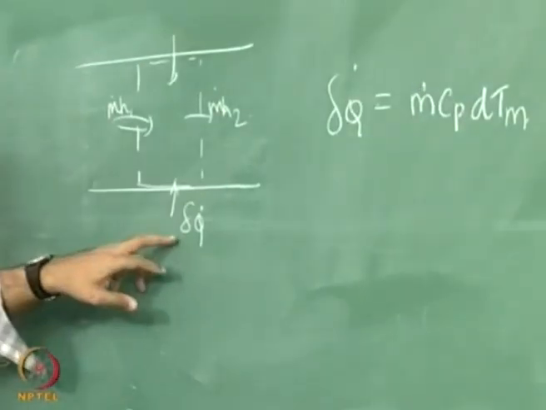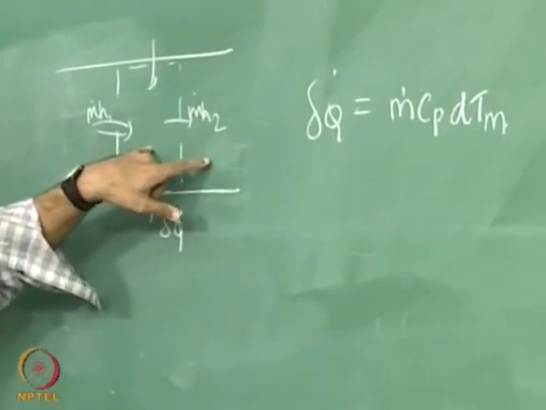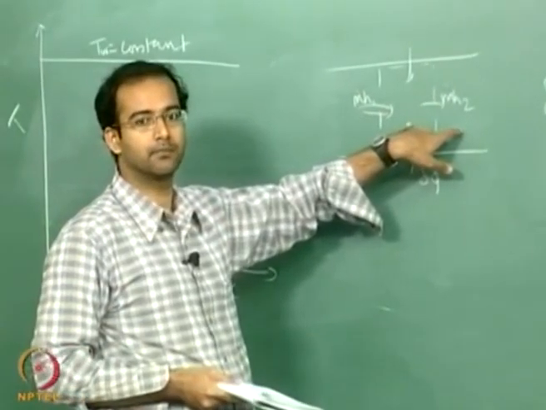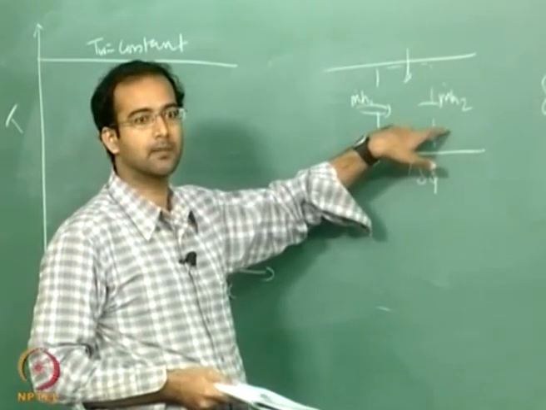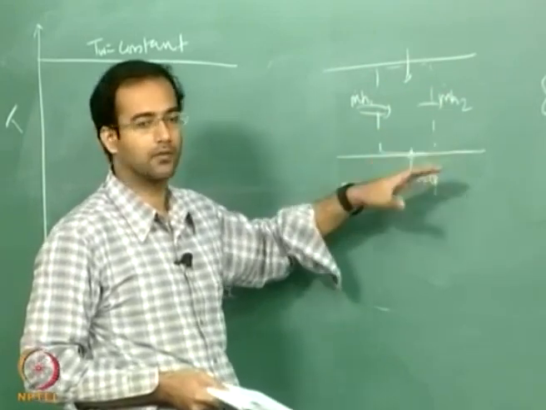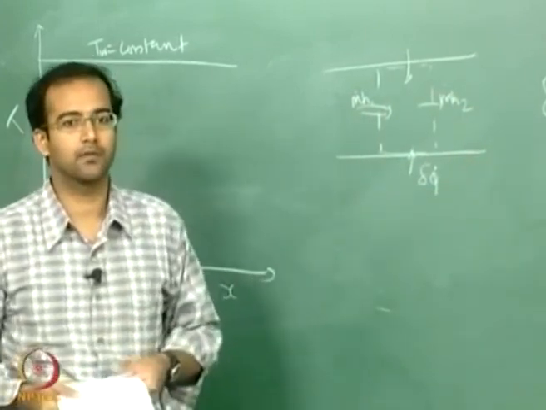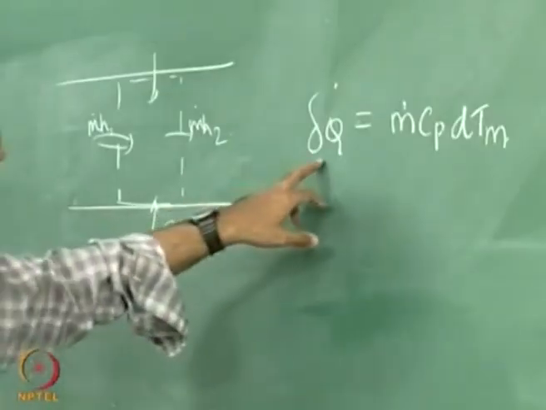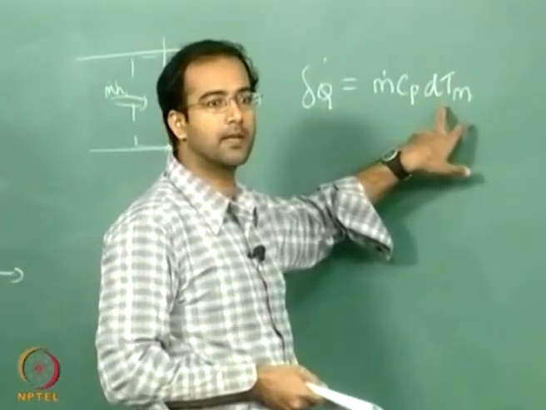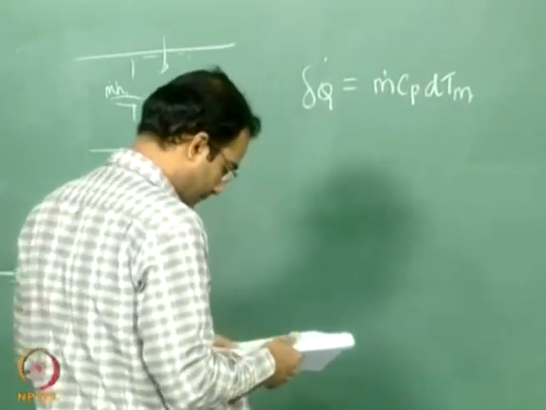So that is del Q is equal to m dot into dH, and dH corresponds to Cp into dTm, because this enthalpy is the mean enthalpy, or bulk mean enthalpy, that I am talking about. So for the given heat transfer this is the corresponding change in the enthalpy of the fluid, and I can relate my differential amount of heat input to the change in the mean temperature corresponding to the change in the enthalpy. So this is the starting point of the energy balance.